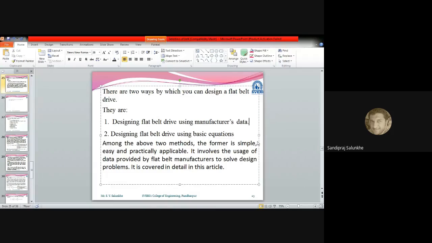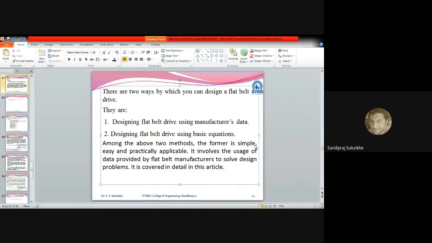And second is designing flat belt drive using basic equations. What are those basic equations? As I was talking about the stress, finding out the stress is the basic equation, and deriving that equation from the situation where you want to use this drive, as we have derived those equations in case of knuckle joint, then cotter joint.